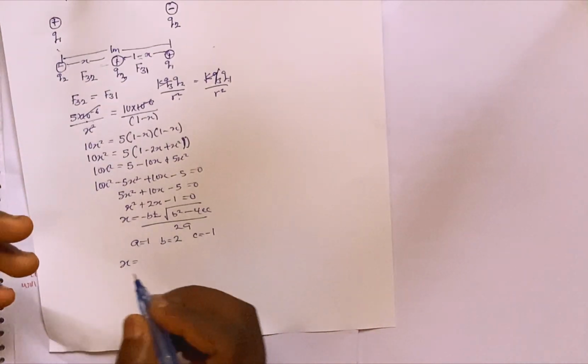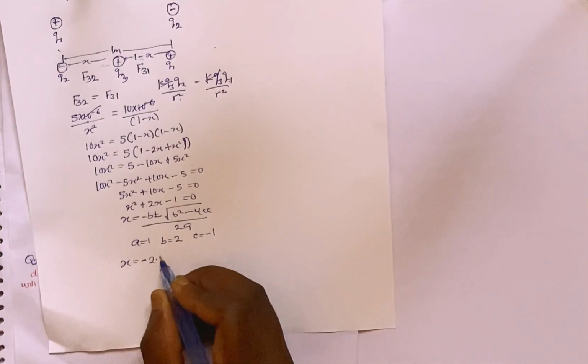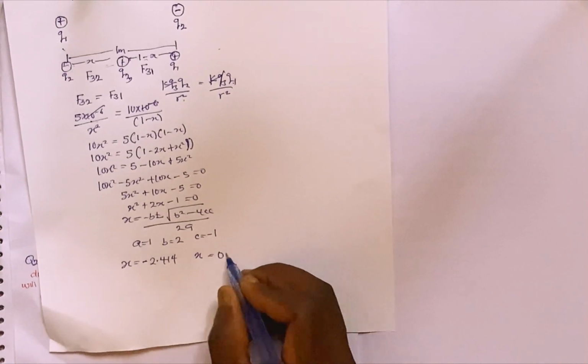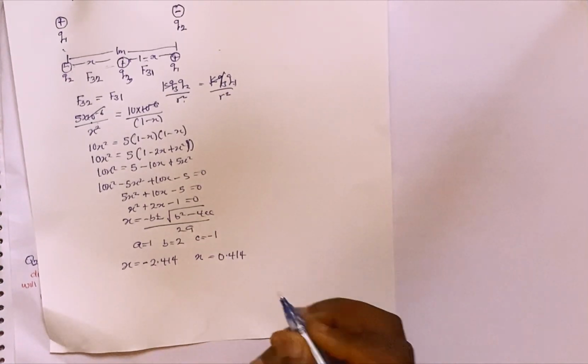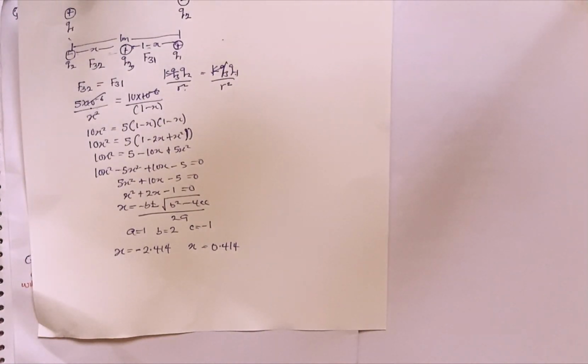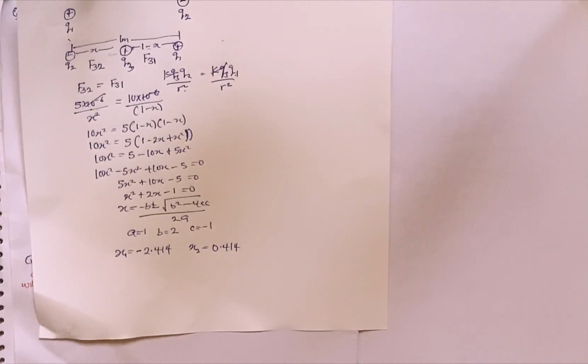First x is minus 2.414, and your second x is 0.414. So you have x1 and x2 equal to 0.414.